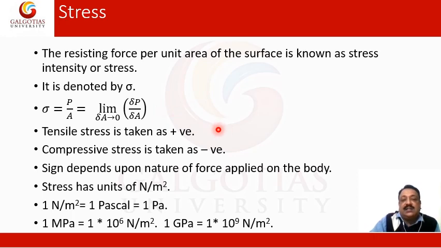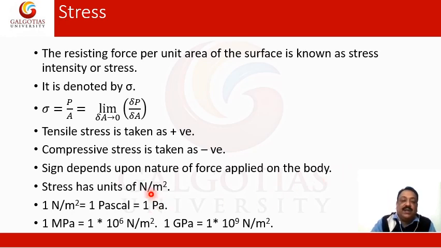The tensile stress, which is characterized by an increase in the length of the object, is considered positive, while the compressive stress, which is related to the reduction in the length of the body, is considered negative.